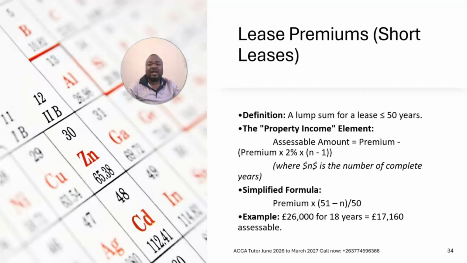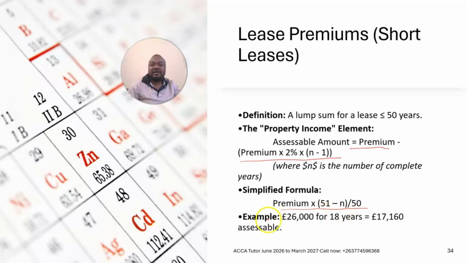So the simplified formula is the premium multiplied by (51 minus n) divided by 50. You just have to memorize either of the two formulae. Either you use this one, which is a bit long, or this simplified one, the 51 minus n formula.